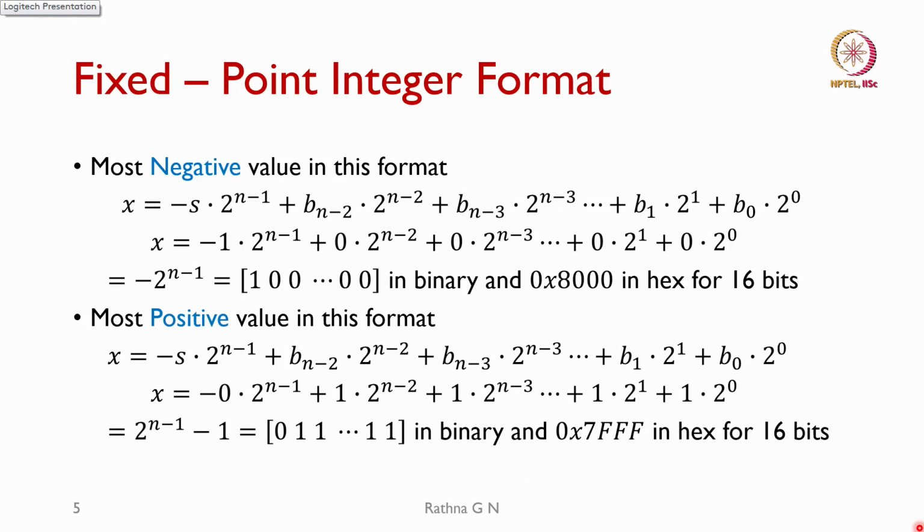In the binary format it is going to be 0 because it is a positive number, and the rest of the magnitude bits are 1 all through in the 16 bit format. The maximum value is given as 0x7FFF in hex. We know the hexadecimal number representation; I think most of you would have covered it. F is the maximum digit, which gives us 15 as its value.